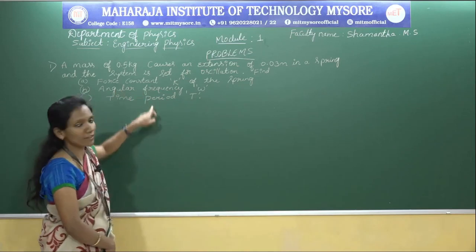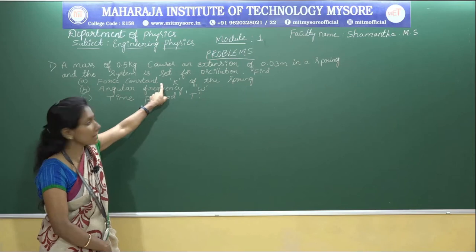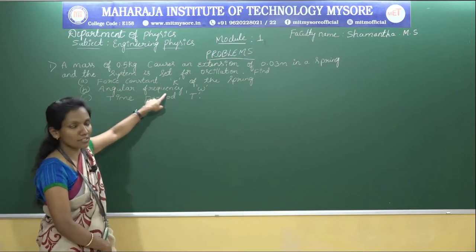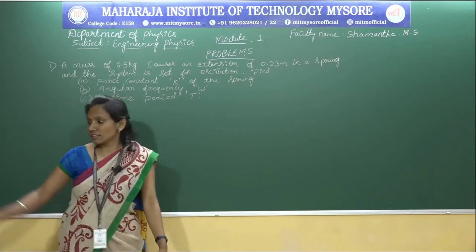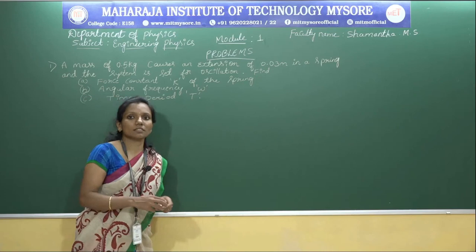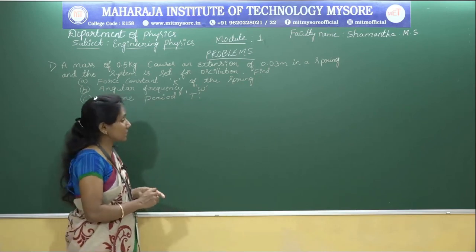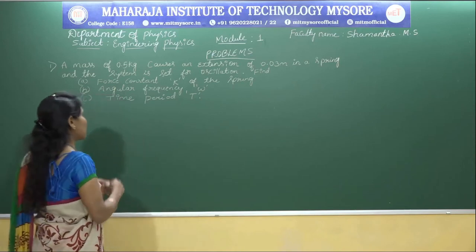Now we have to find the force constant of that spring, the angular frequency and the time period T. We know the time period, force constant and angular frequency formulas.